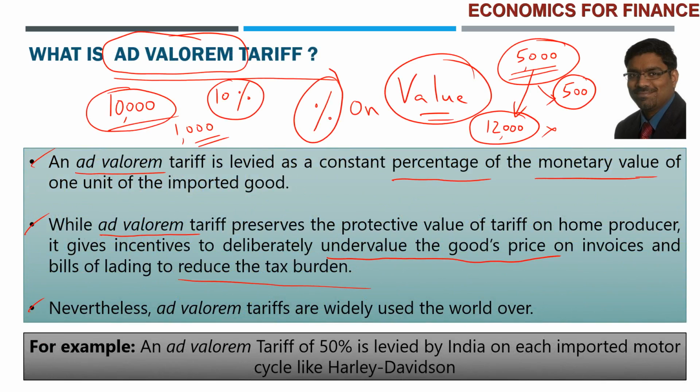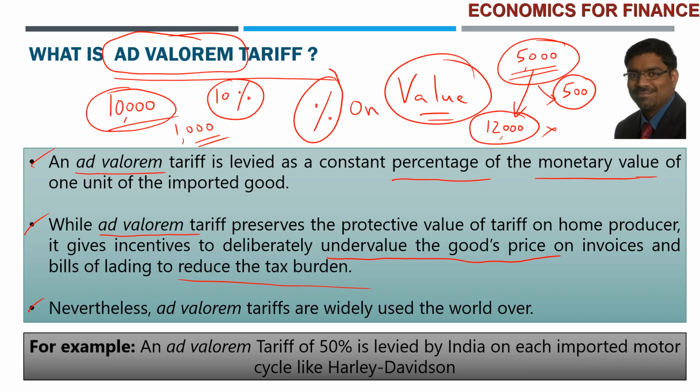We should know both because we can get questions from any of them. So specific tariff was based on quantity, ad valorem tariff based on value of the goods which are imported. For example, like we already have taken, an ad valorem tariff of 50% is levied by India on each imported motorcycle like Harley Davidson. This 50% came in after a lot of pressure, or we can say kind of psychological blackmail, sentimental blackmail by Donald Trump.